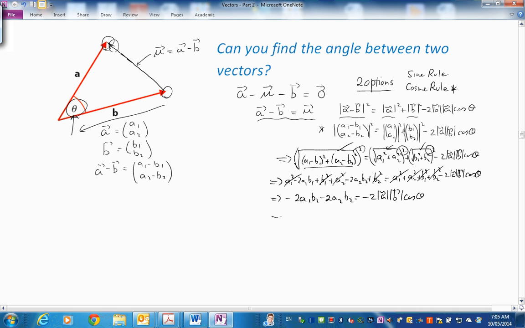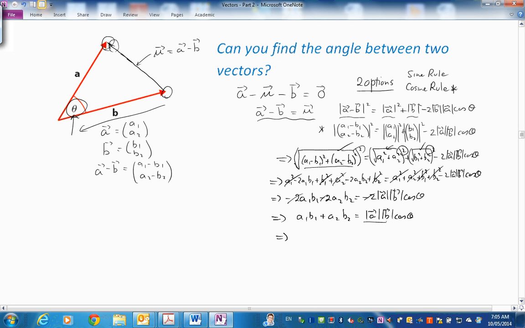Let's divide everything by neg 2. Okay, so this becomes A1 B1 plus A2 B2 equals length of A, length of B, cos theta. I think we're almost there.